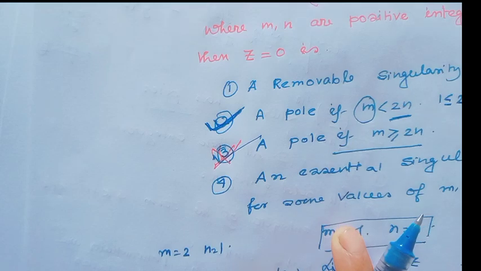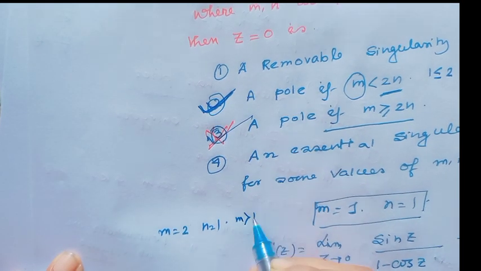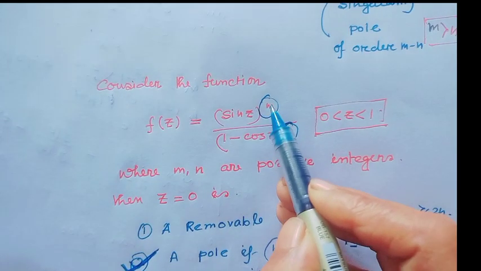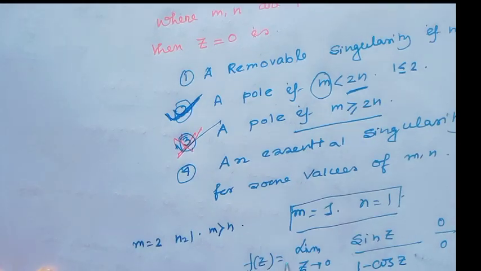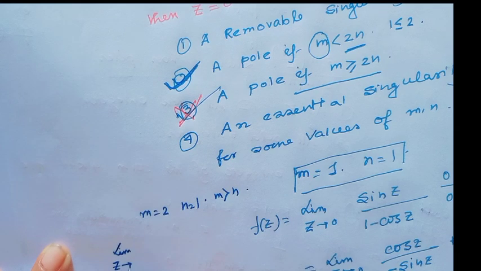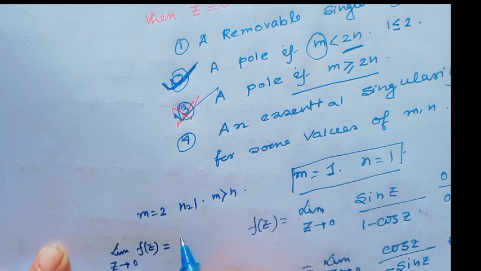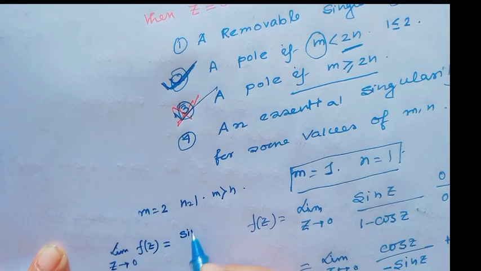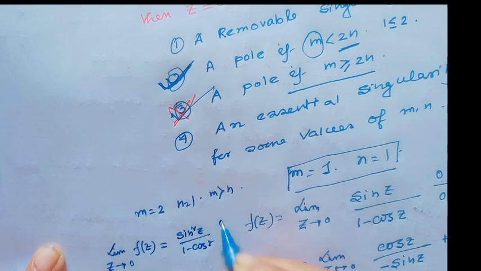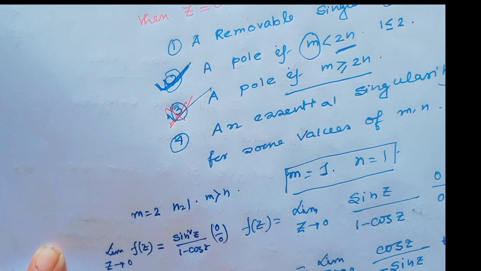Next, consider m equal to 2 and n equal to 1. Here m greater than n. We all of us know when m greater than n, then the singularity is removable singularity. Let's check. Limit z tends to 0, f(z) equal to sin square z over 1 minus cos z. This is also 0 by 0 form. Then apply L'Hospital rule.